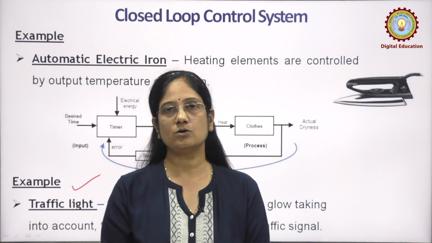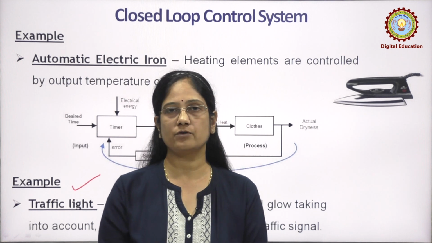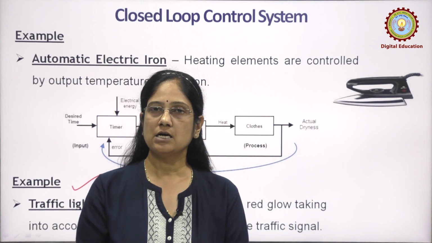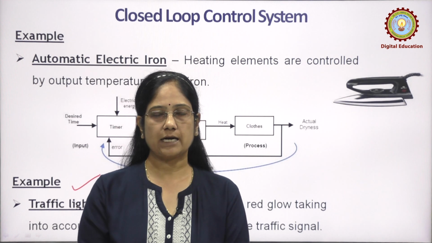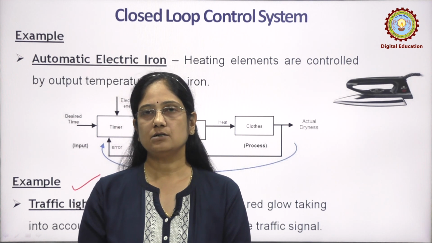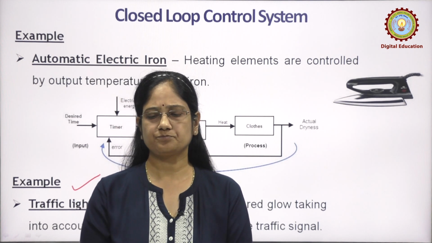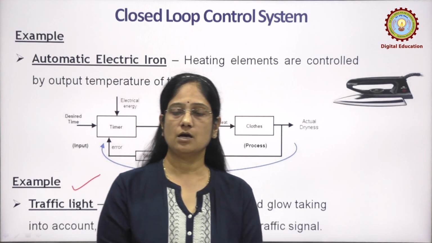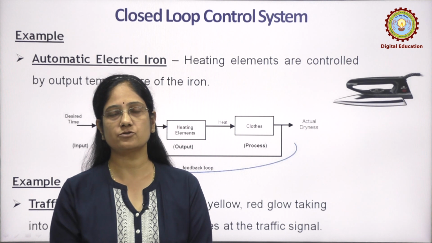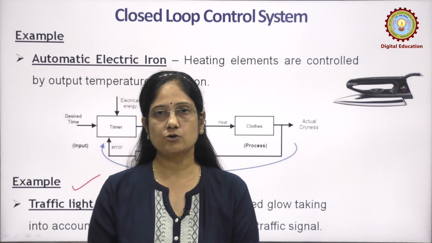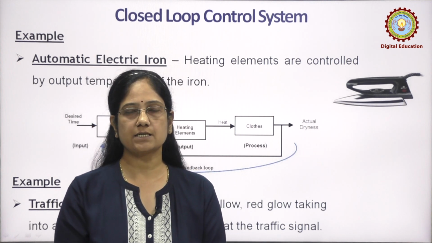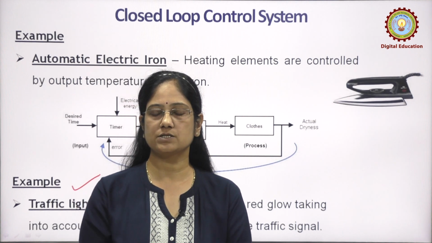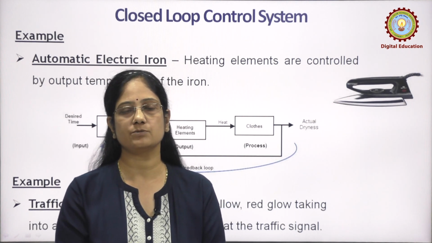So, this is how, if we sense the number of vehicles at the traffic signal and then the green, yellow and red lights glow, it becomes a closed loop signal. These are some of the examples, because in control systems we are mostly interested in the analysis and design of closed loop control systems, because some part or some parameter in the system is being controlled.